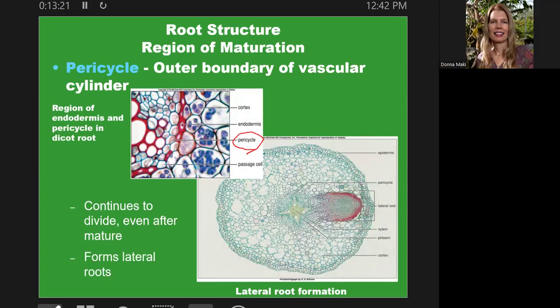It's kind of weird how the pericycle will grow and divide and produce more cells, more cells, more cells, and then they'll morph into a lateral root. You can see it's working its way out of that root, and eventually it's going to come out into the soil and be a lateral root. So you have the endodermis, and then to the inside of that is the pericycle.